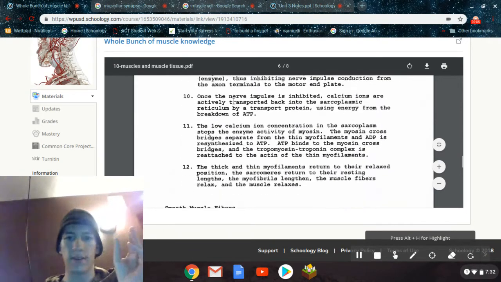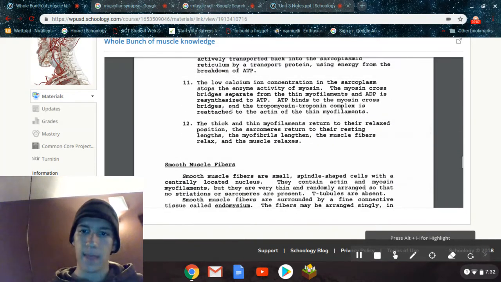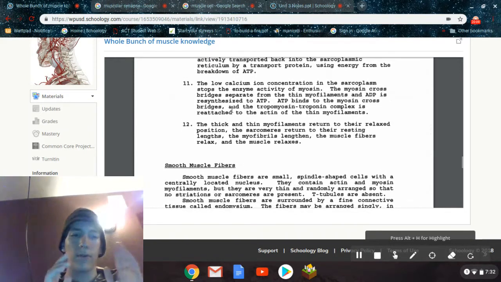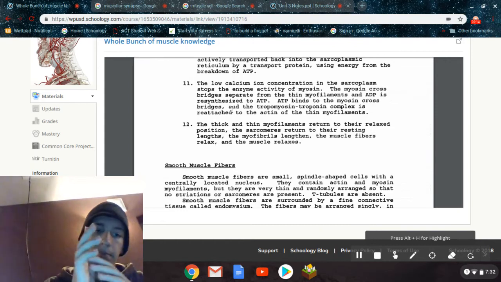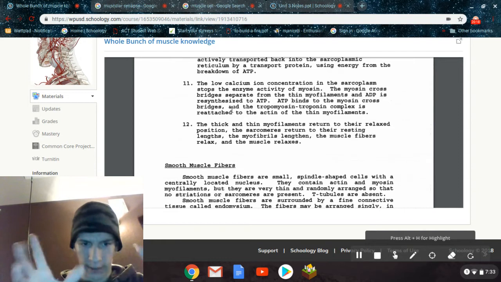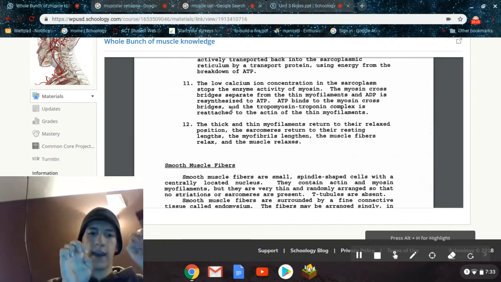And it shortens the sarcomere, and then once your neuron stops firing, the sarcolemma and the T tubules retract all the calcium.